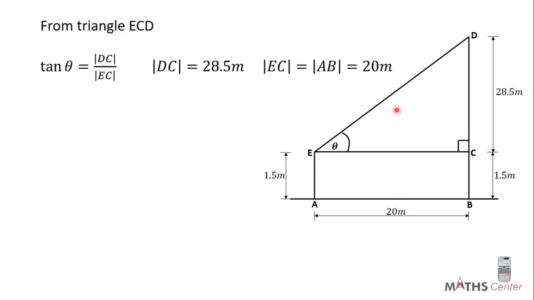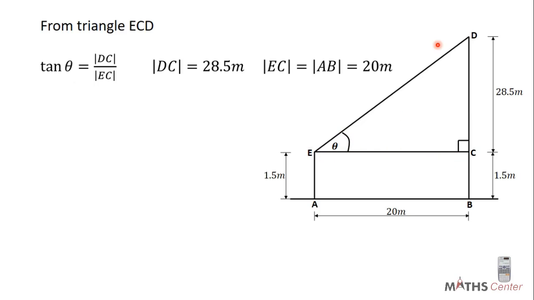Now applying tan theta to this triangle ECD. Tan theta is equal to opposite, which is DC, divided by adjacent, which is EC.